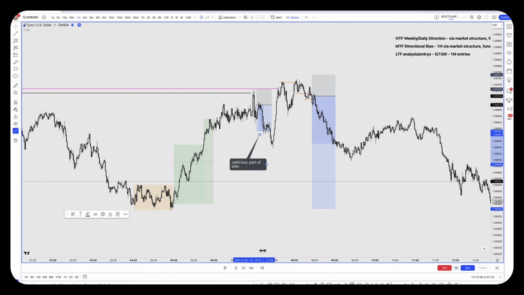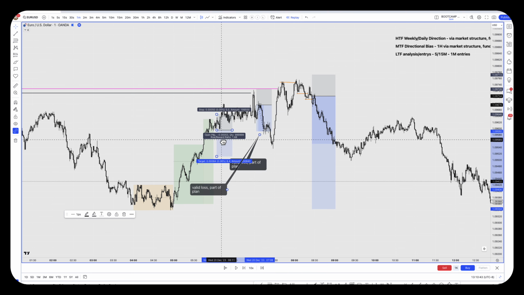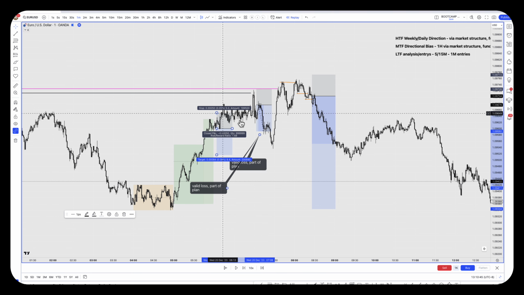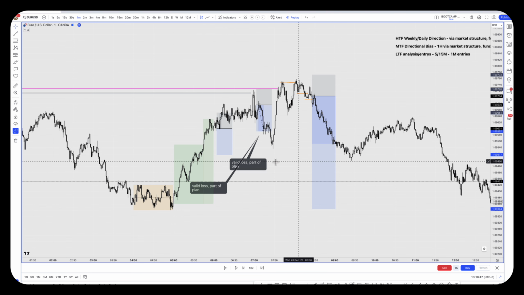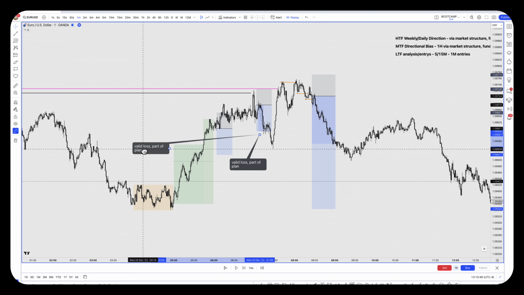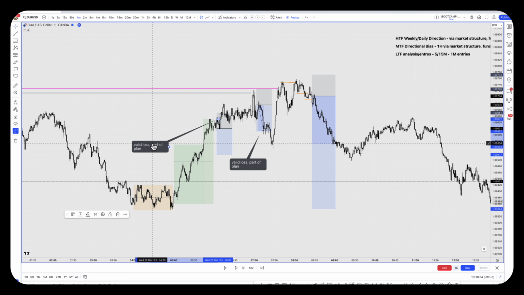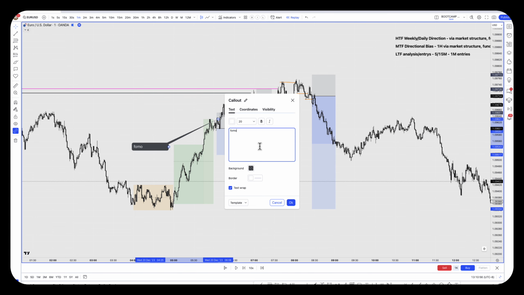But let's say I took another trade here, and this one was just a FOMO trade. Let's say I would rate this as not part of the plan, basically a FOMO trade. So this is how I do the journaling part.